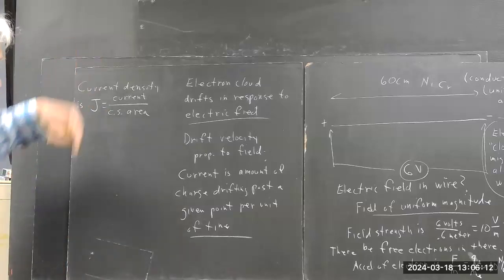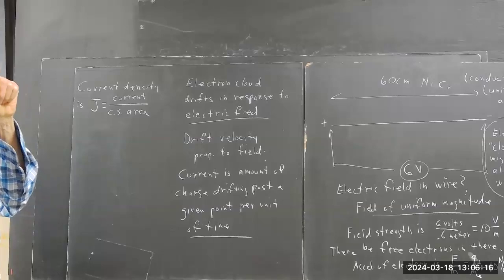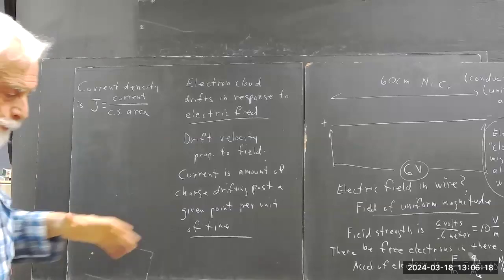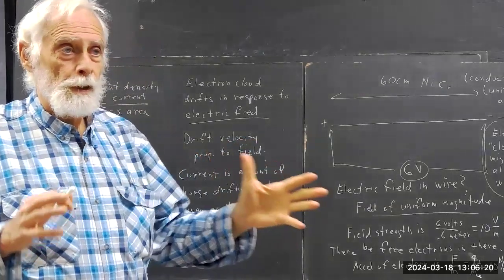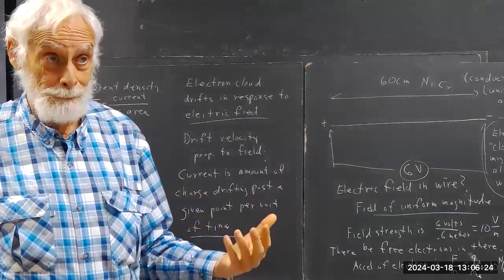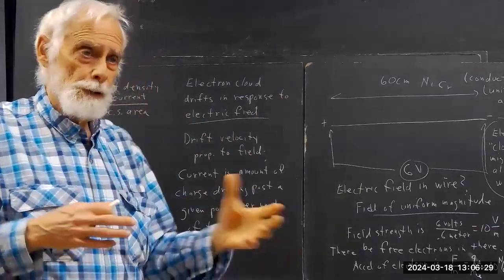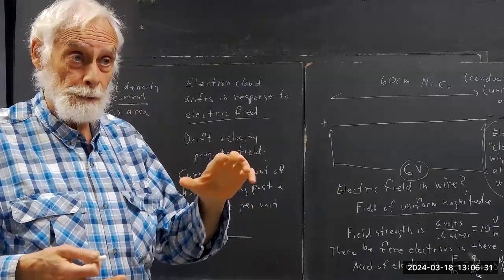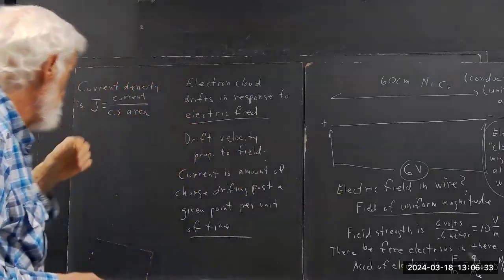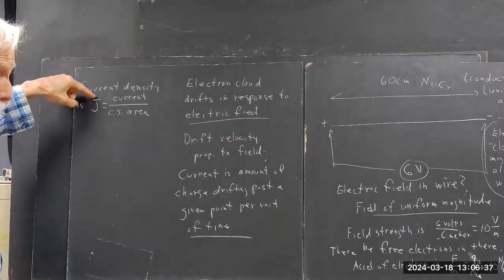I'm not using the vector notation here because the direction is implicit. If you have a bigger chunk of material where you have various sources of potential, then you have more complicated currents that can take place within a conductor, and you want to have the J vector.